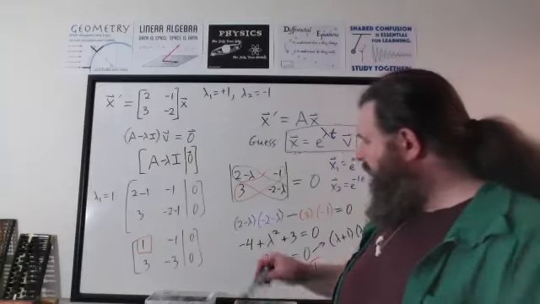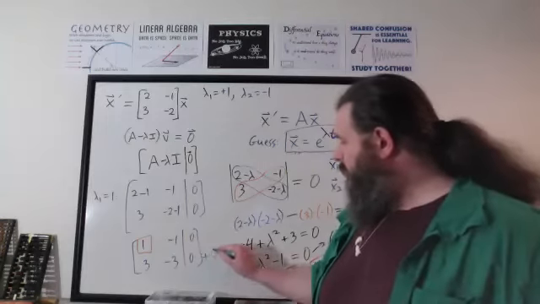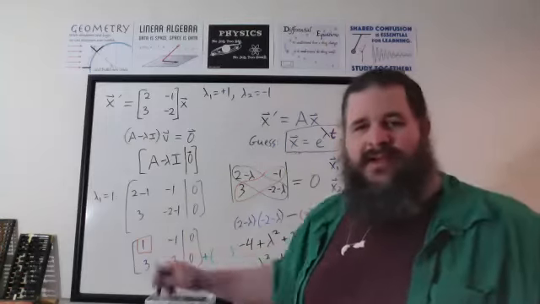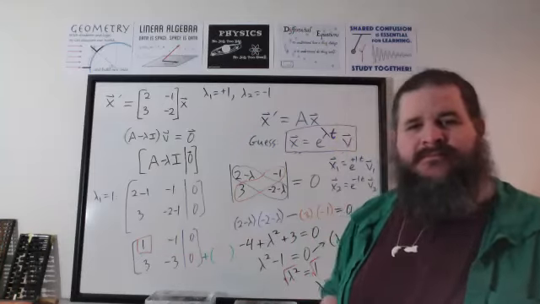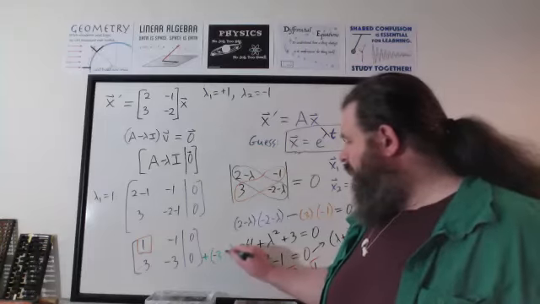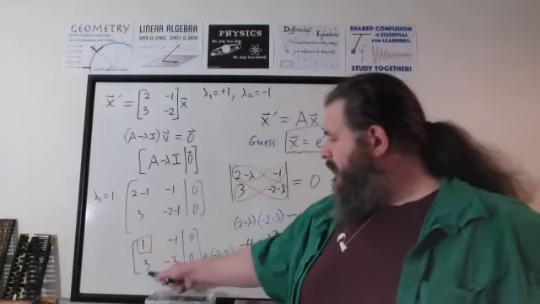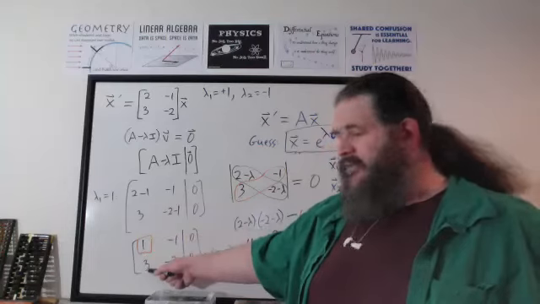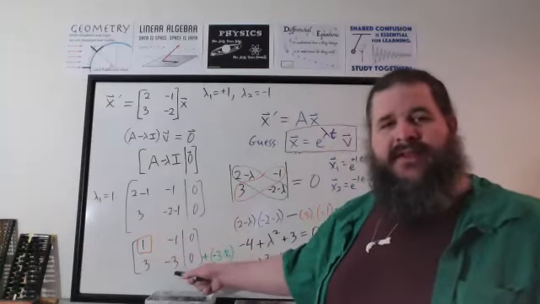That is, what could we add to the second row that would make this 3 cancel out? Yeah, if we add -3 times the first row, 3 gets a -3 added to it and cancels out. But then what happens to this -3?